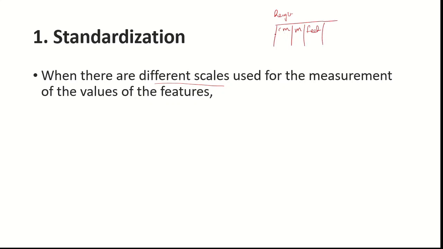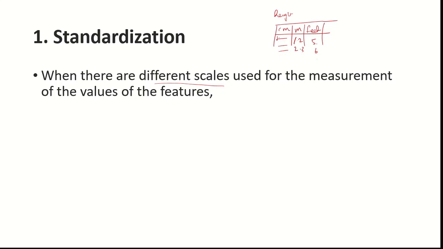So this may be large values, in hundreds, and this will be like 1.2, and this will be 5 feet, 6 feet, like that. Okay, so you can see that the range differs.